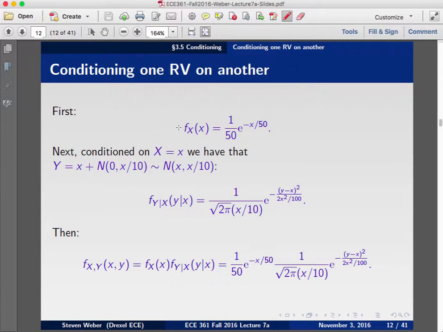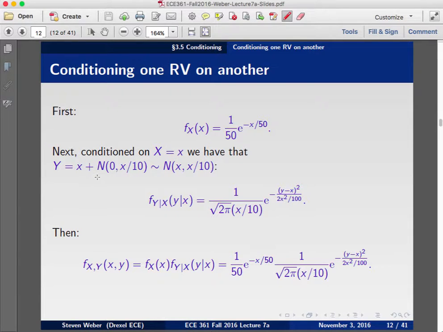Okay, so again, what we were told is that x is exponentially distributed with mean 50, which means it has parameter 1 over 50. And now what the model tells us is that if we were to observe a particular value of the vehicle speed x, then the speed seen by the radar would be that value x plus a noise term.